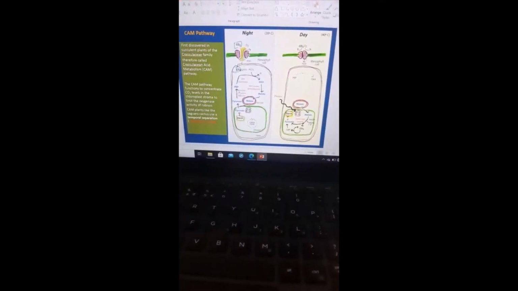Later in the night, that starch, which has been formed during the day, some of it is going to be broken down during respiration to form pyruvate molecules within the chloroplast. Pyruvate will be delivered out of the chloroplast into the cytosol of the mesophyll cells and later used to regenerate the PEP. That is what happens in the CAM pathway.